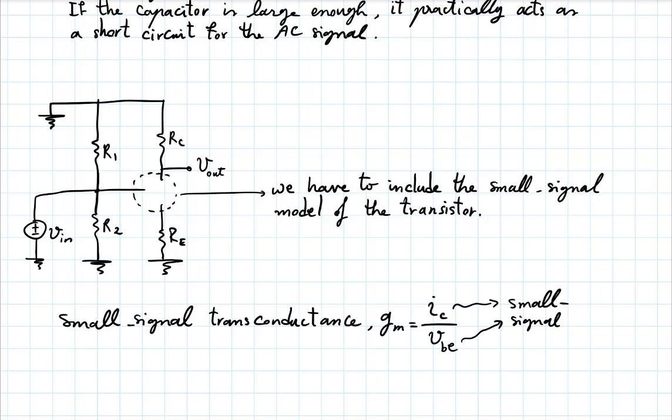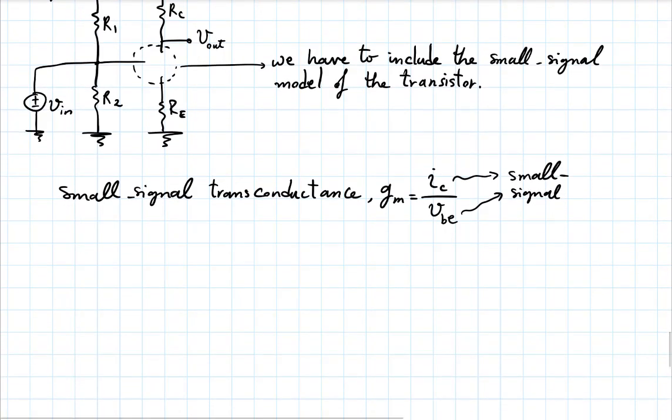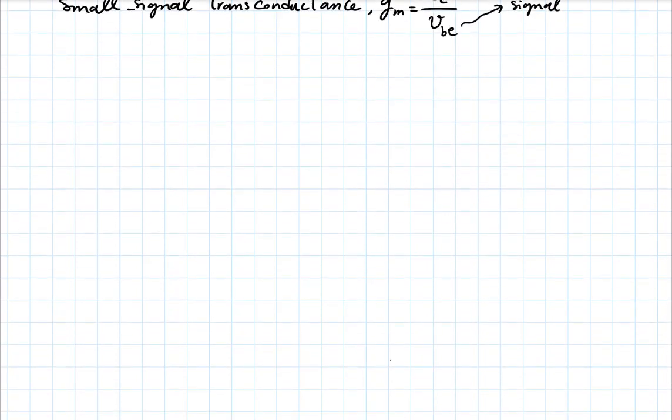Can you draw a 3-terminal element that has this property, that the ratio of the output current to the input voltage is some gm? What would the model for that be? So we have 3 terminals.